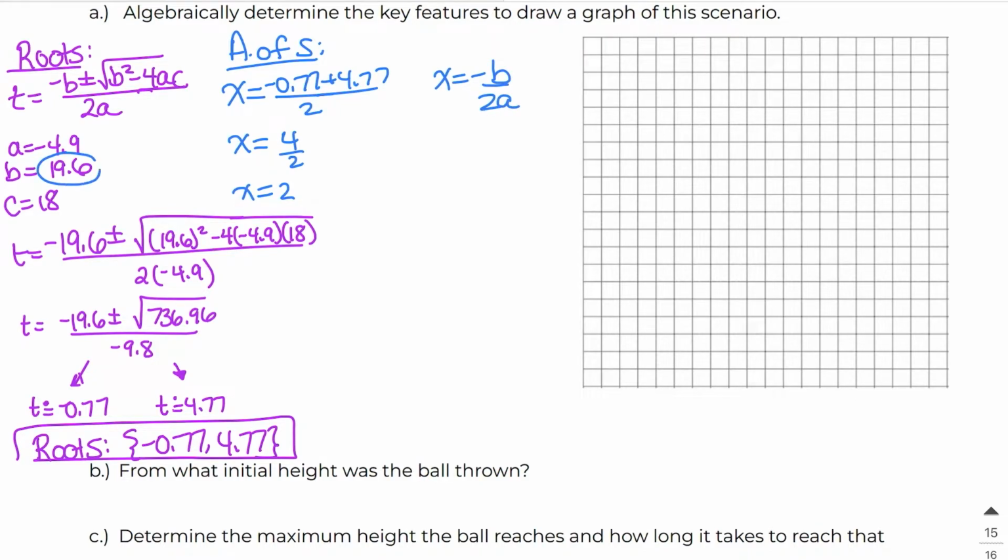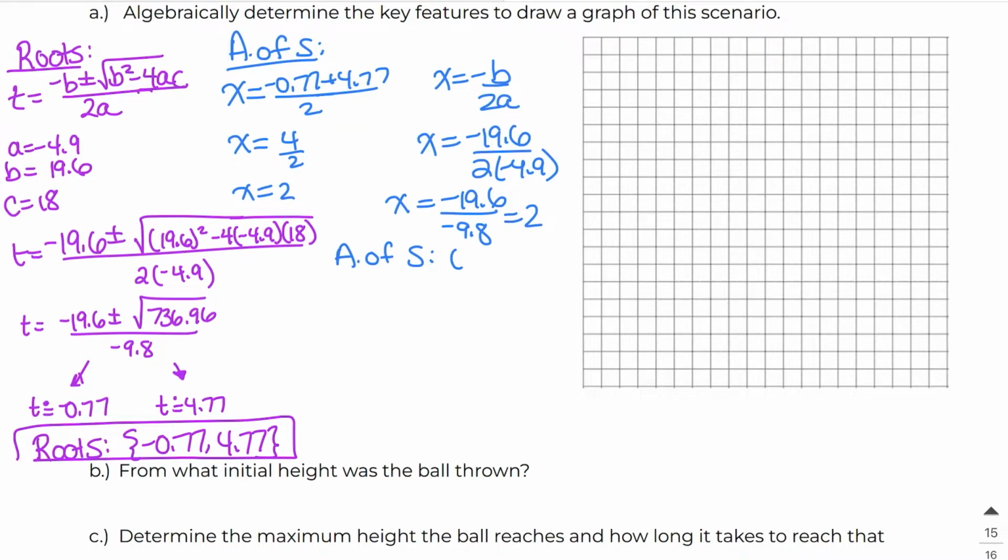Here we know that b is 19.6, so I would say negative 19.6 over 2 times a, which is negative 4.9. Then I get negative 19.6 over negative 9.8, which is also 2. So we know that our axis of symmetry is equal to 2.